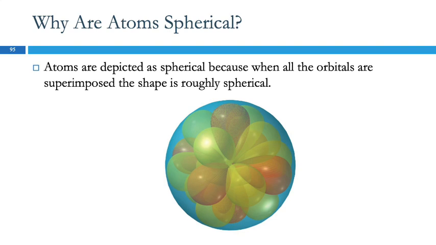Is this still according to Bohr's model? No. This is past that. This is quantum mechanics. Bohr's model has the electrons going in nice circular orbits, like the planets around the sun.